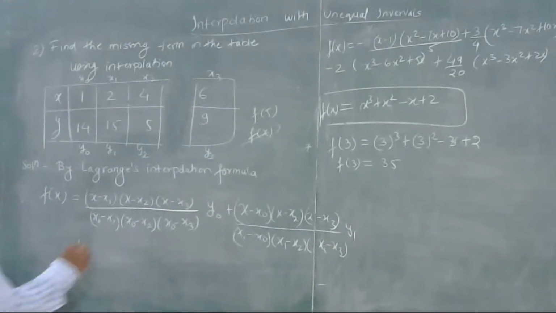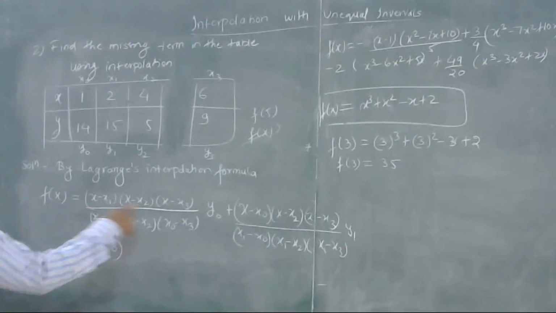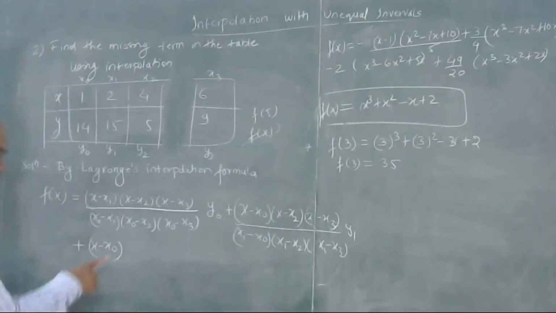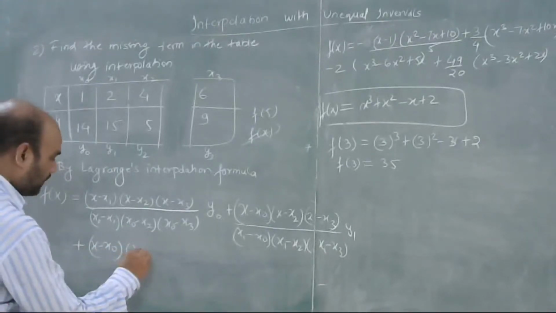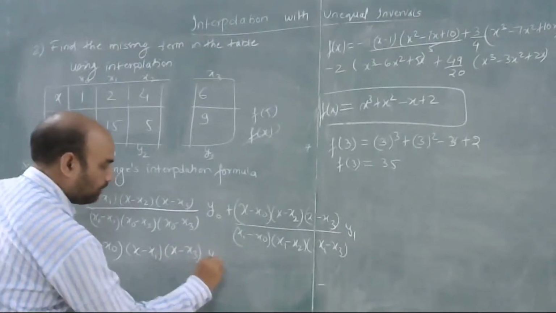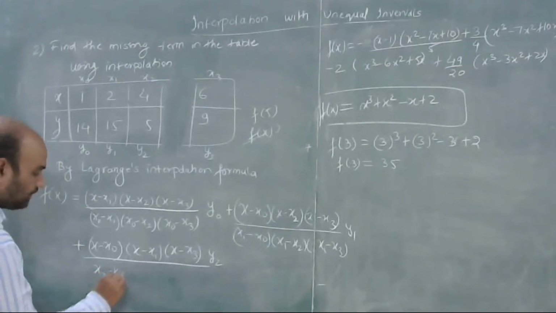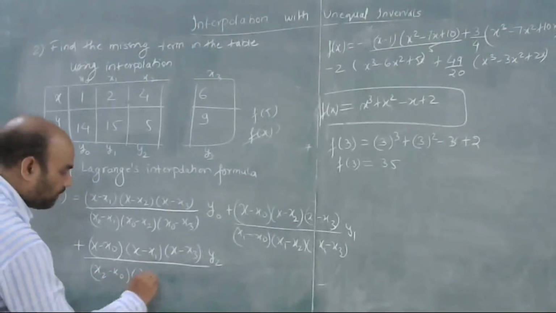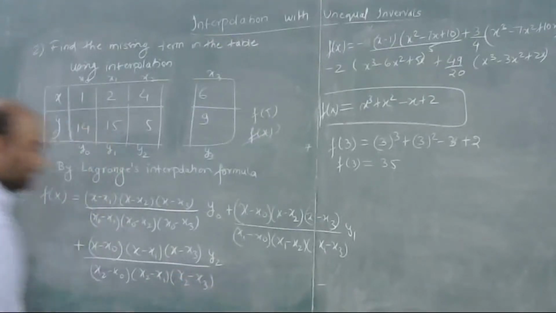Then third term, start with x minus x0. So here x0 is not included, here x1 is not included, here x2 will be absent. So x minus x1, x minus x3, and it is y2 whole divided by x2 minus x0, x2 minus x1, and x2 minus x3.